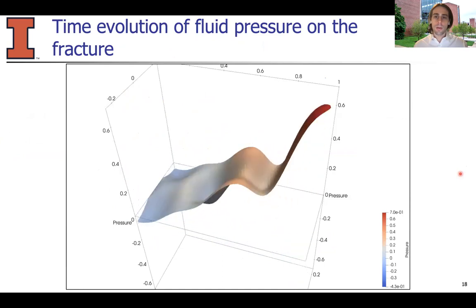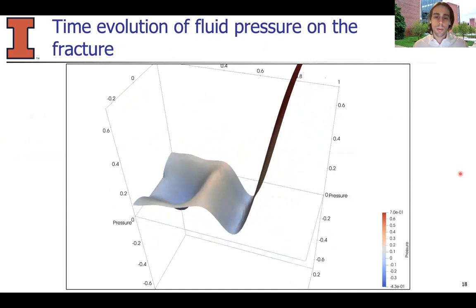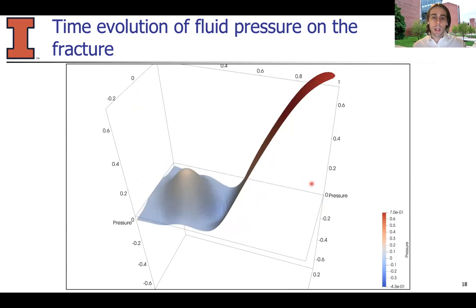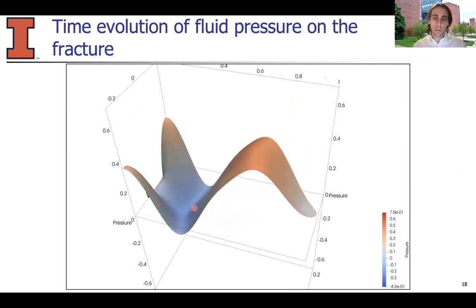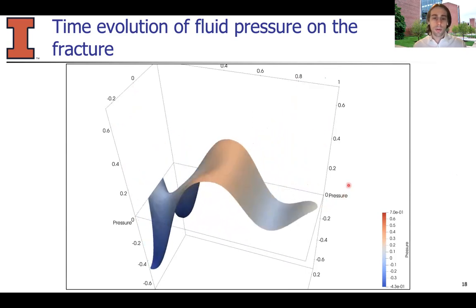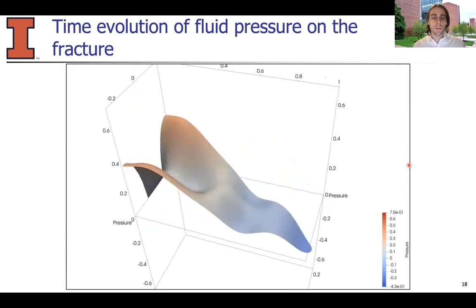And I'll stop just a little bit here to emphasize that even though the maximum excitation at this boundary was 0.7, at the tip, higher pressures can be achieved due to resonance of this fracture and its geometry. I'll continue the video now, and very smooth, stable solutions can be seen for the pressure in this fluid-filled fracture.